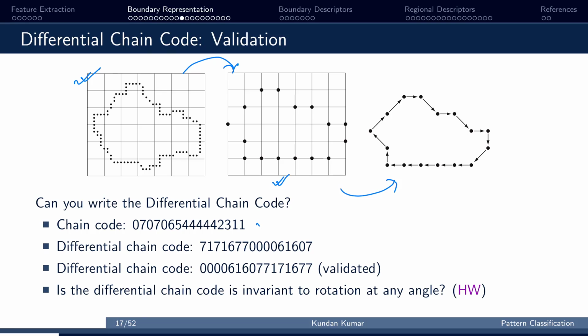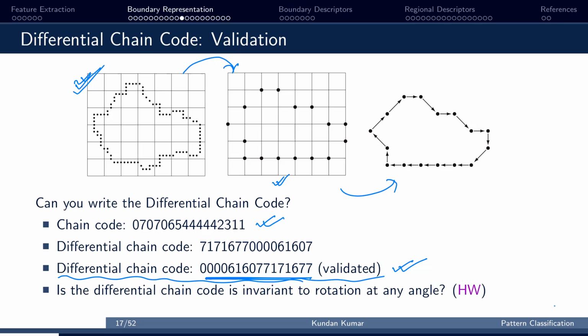So that will be our chain code, and in the same process we will write our differential chain code, and we will make it independent of the starting point. So when we verify these two differential chain codes, we will find that they are the same. So it verifies that the differential chain code is invariant to rotation.